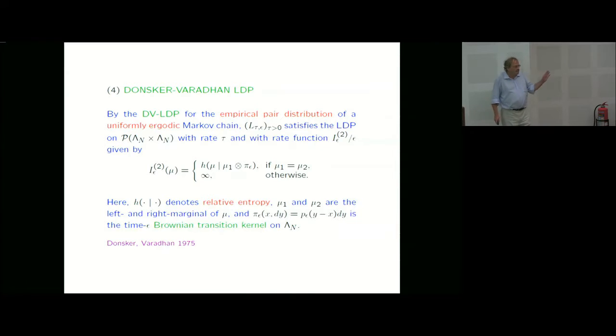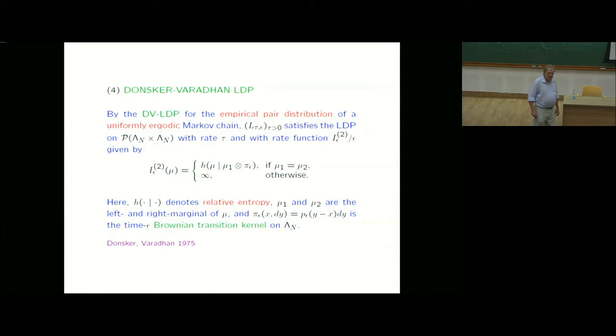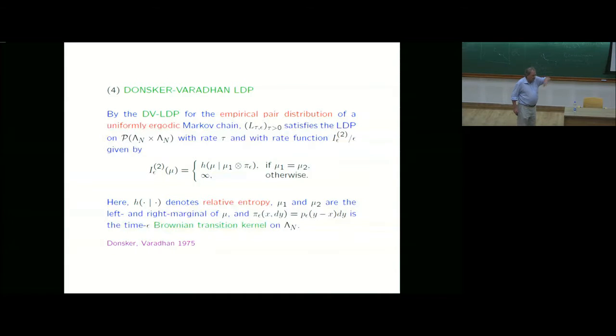So this is a standard fact: if you have a Markov chain jumping around on a compact space, it's irreducible, it will be uniformly ergodic, and if you want to know the empirical pair distribution of where this Markov chain is, that's just given by a relative entropy.